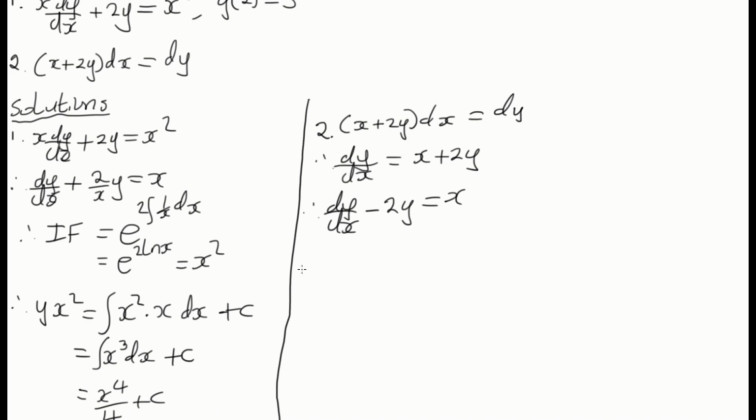So the next thing that you just have to do is find the integrating factor: e raised to the integral of minus 2 dx. So this therefore will give us e raised to minus 2x.